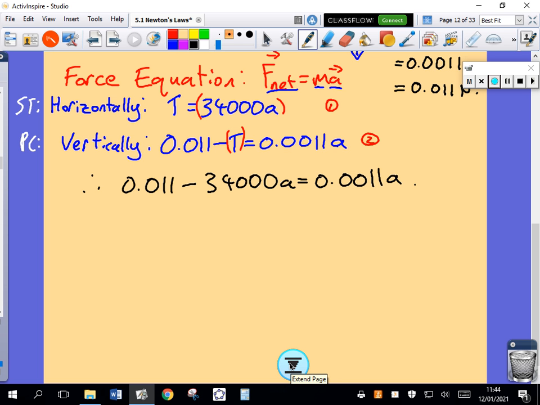I'm going to add 34,000 A to both sides. 0.011 is equal to 34,000 plus 0.0011 A.